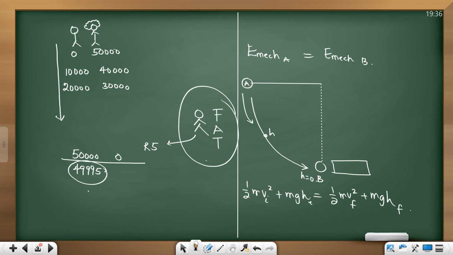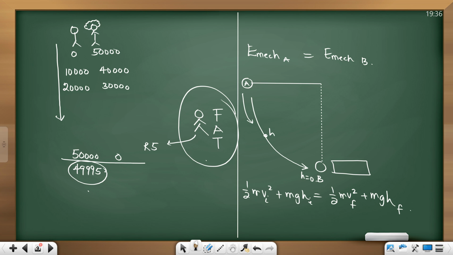Please, are you okay with my explanation? I don't know if it makes sense to you. The law of conservation of mechanical what? Energy. In an isolated system, that fat guy must not be present. Is that okay? In an isolated system, our money remains our money. But once that fat guy shows up, the guy disturbs our system.